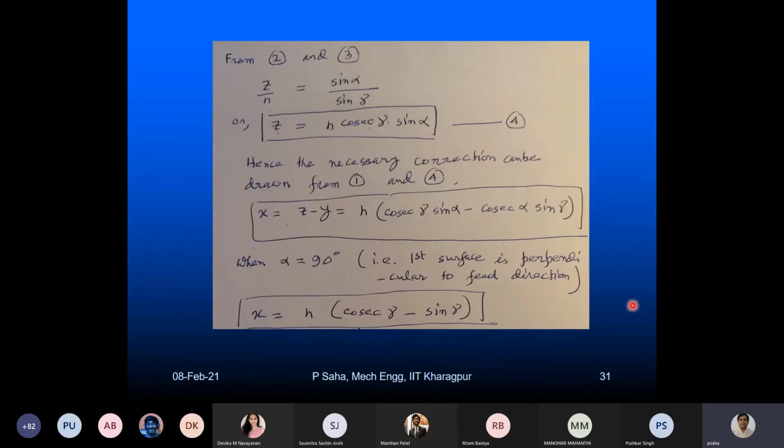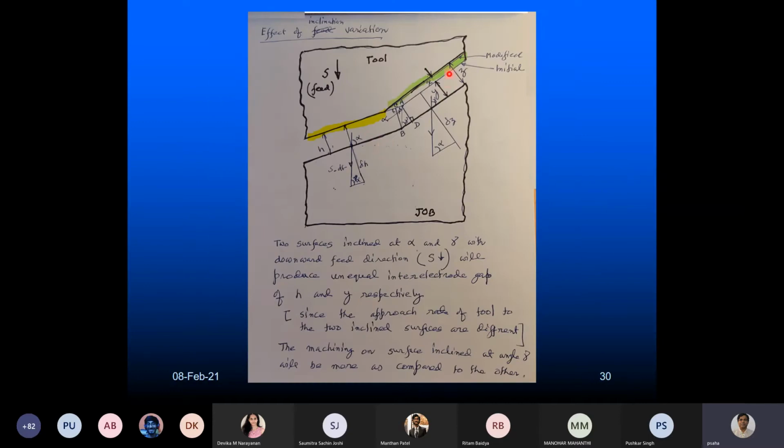Okay, so here we can find some trigonometric relations, and here, what is z? Z is some compensation we give, meaning we give an additional gap over here on this modified tool, so that the machining rates, which differ because of the larger inter-electrode gap, become equal.